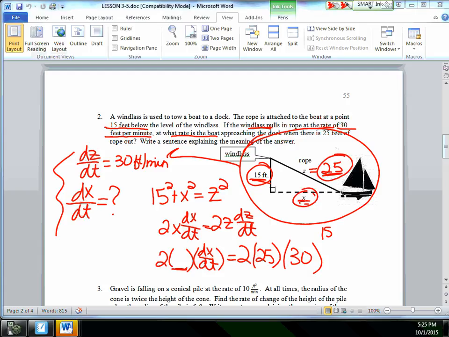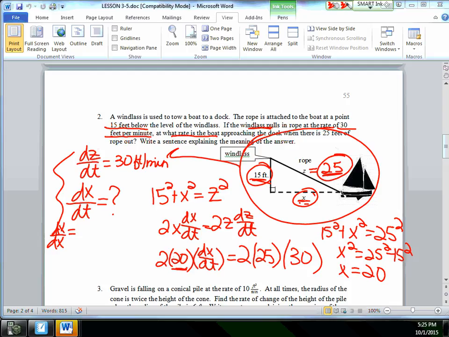So I'll have 15 squared plus x squared equals 25 squared. Solve for x squared, and that will be 25 squared minus 15 squared, which then gives you x equals 20. So we know that is 20. So our last move is to solve for dx/dt, which means I can divide that to the other side.